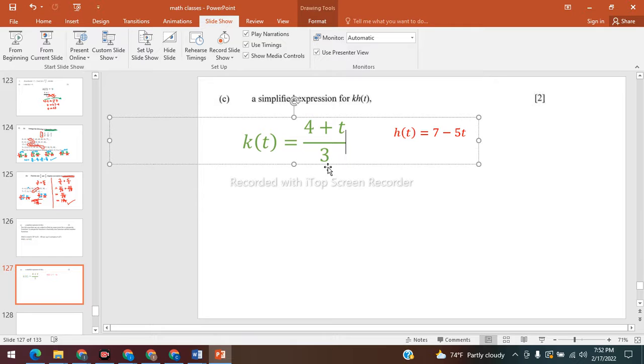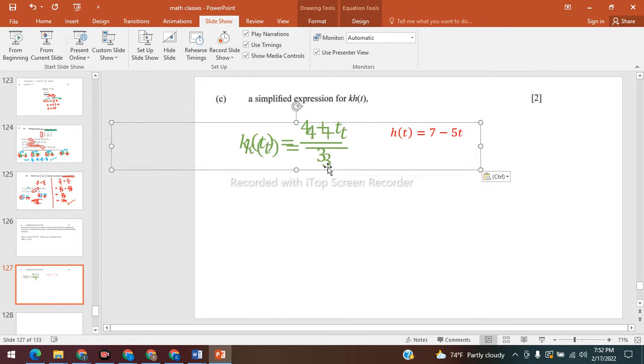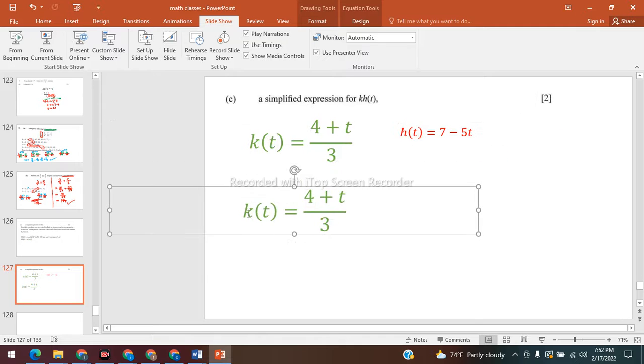So that means that we're going to have k h of t equals, we said this already, k of h of t.